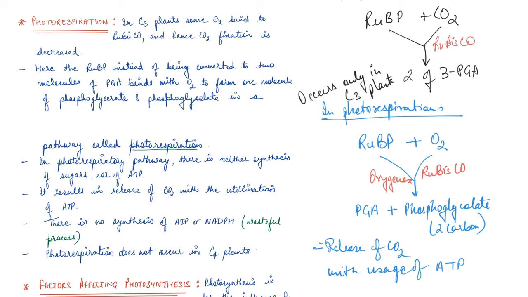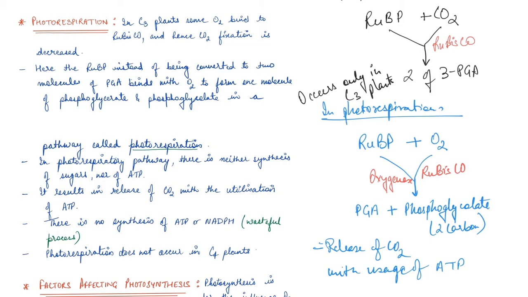This is because they have a mechanism that increases the concentration of carbon dioxide at the enzyme site, right? So basically, when C4 acid from mesophyll is transferred to the bundle sheath cell, right? And then it is broken down to a C3 acid, and carbon dioxide is released, right?